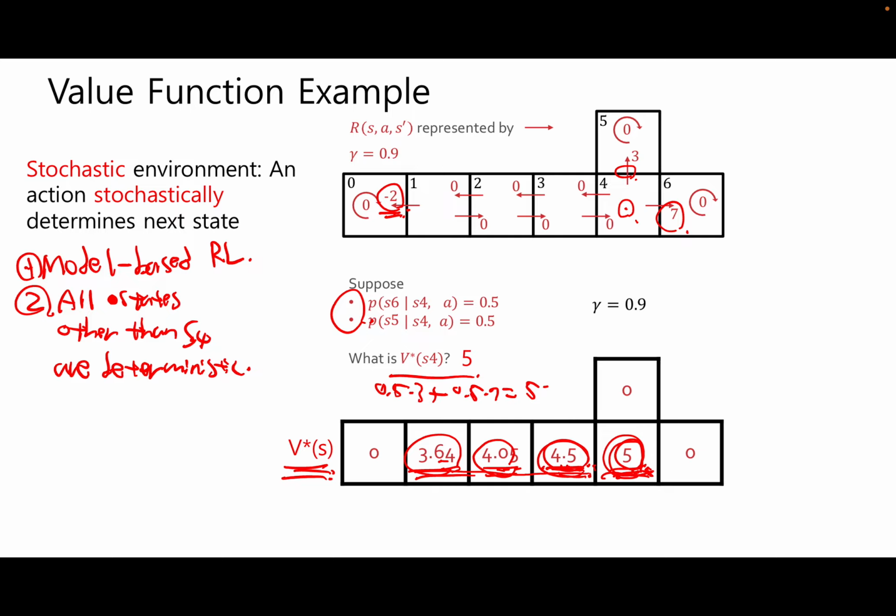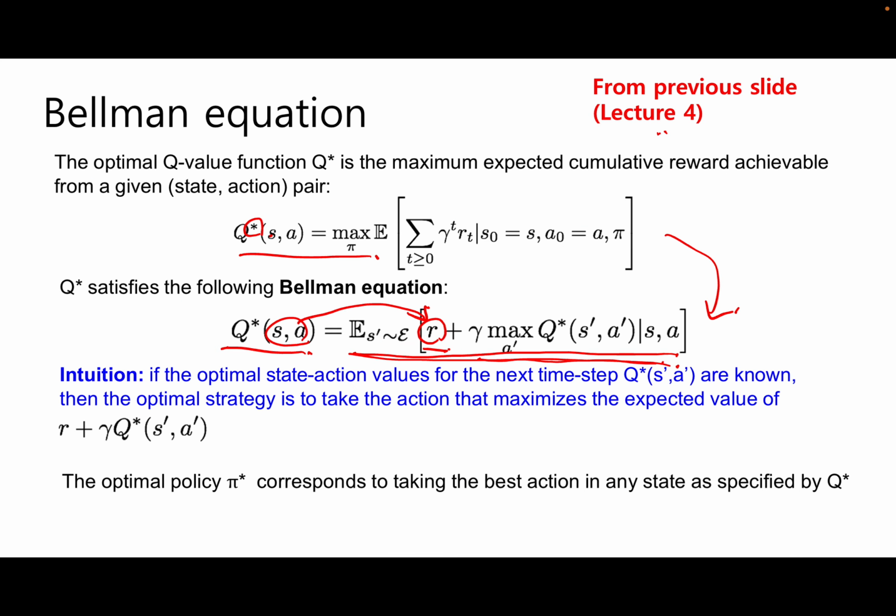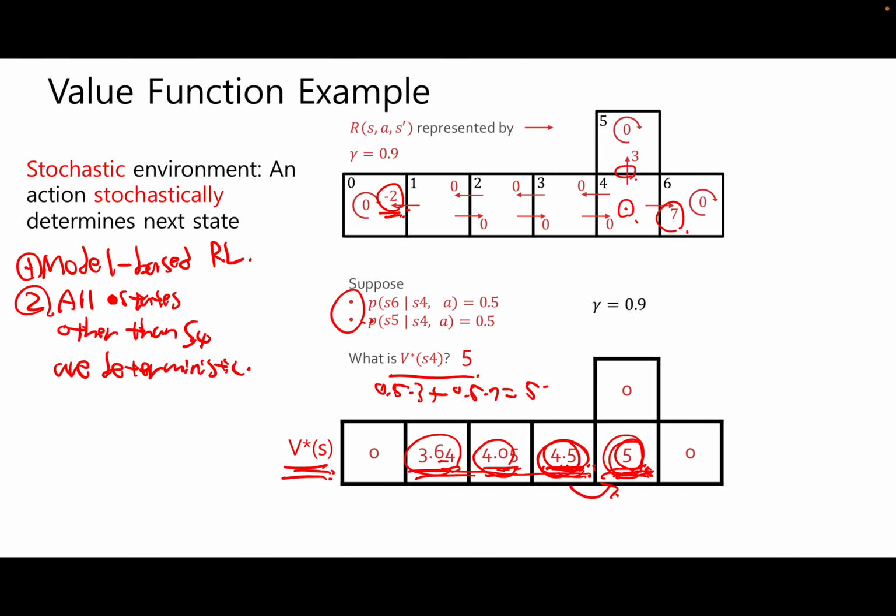So the optimal value function for state 3 is, once we go here, we have the definition here, right? R from S and A. So entering this state gives 0 reward, and then discount factor 0.9. That gives us 4.5. All these are the same.